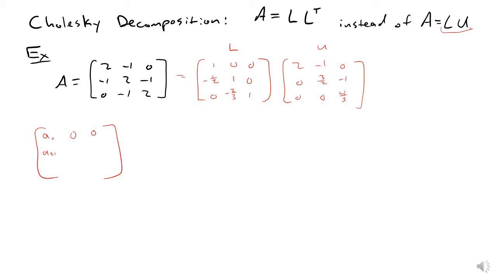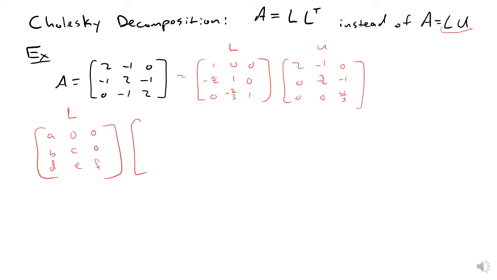I'm going to skip the subscripts here. And since this is a pretty small matrix, I'm just going to call these ABC entries instead of using all the subscripts. So I'll call this A, B, and C, and then D, E, and F. All right, so here is our lower triangular matrix L.